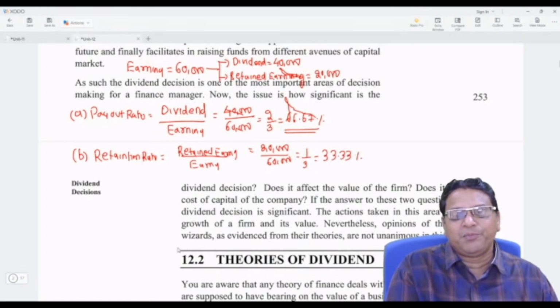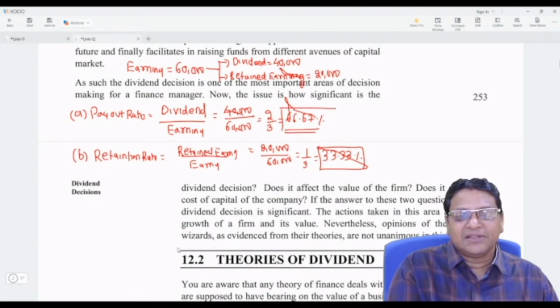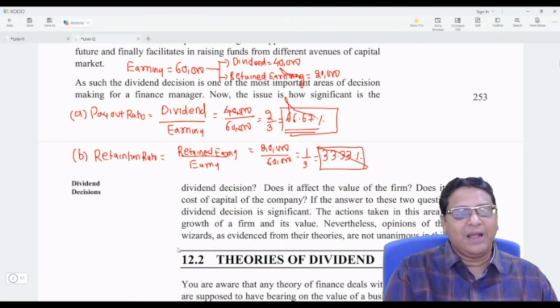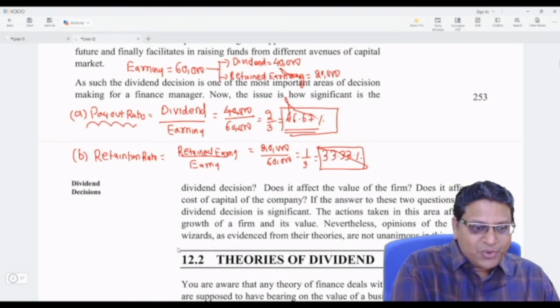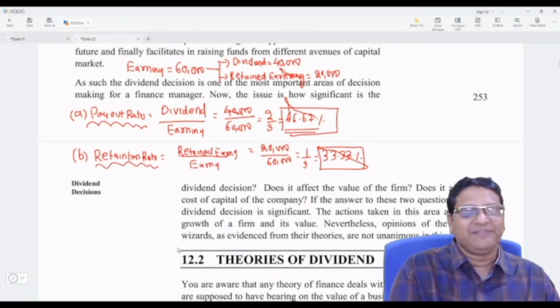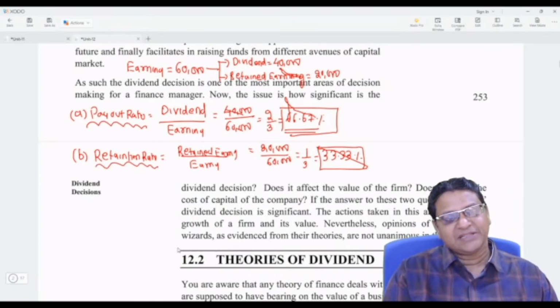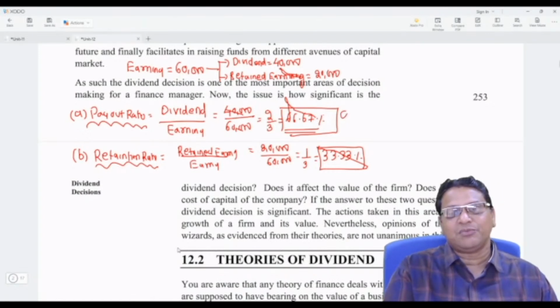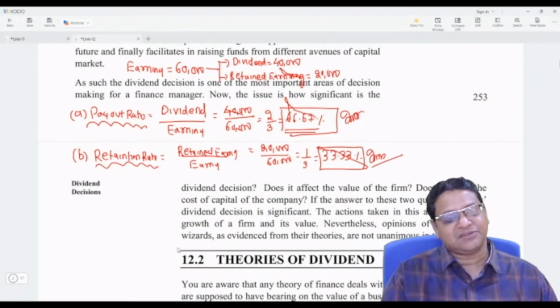So there are two important ratios: one is retention ratio, another is payout ratio. We have to decide these two important ratios in dividend decisions. What will be the retention ratio of the business and what will be the payout ratio of the business? That is to be decided under dividend decisions.